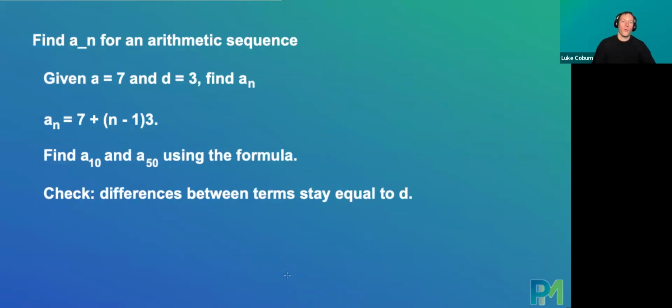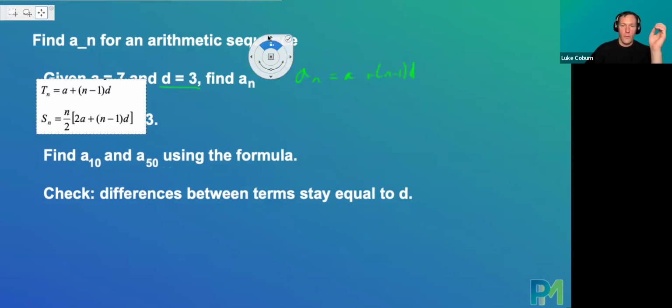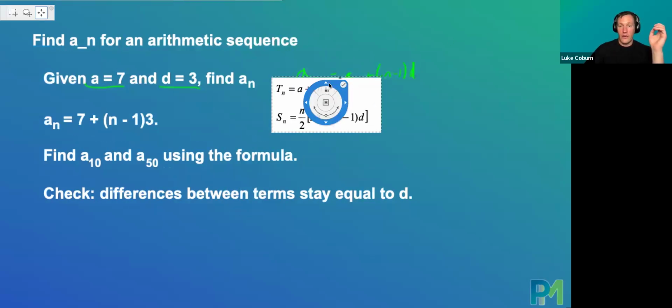Now, we have this time a new arithmetic sequence. A is equal to 7 and D is equal to 3. And then our formula is an is equal to a plus n minus 1 times d. So this is just this formula here. In the table book, they call it tn.